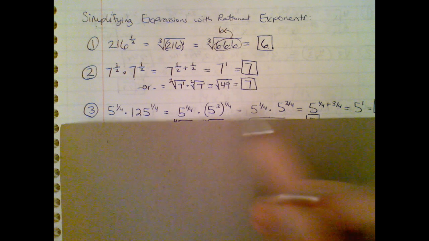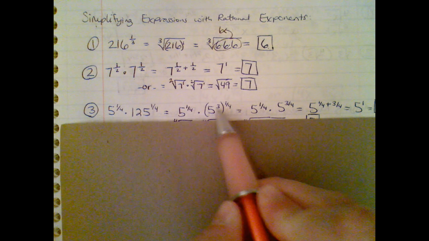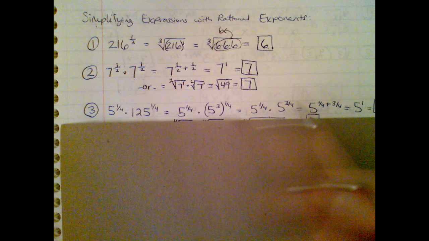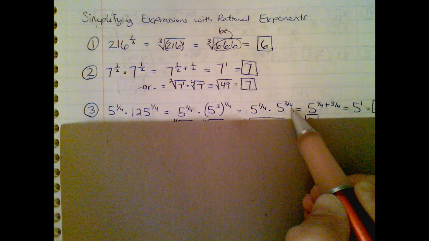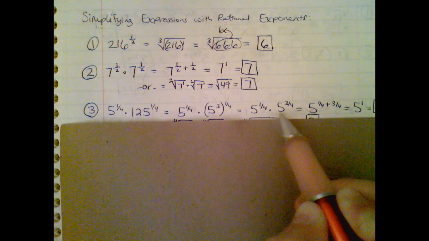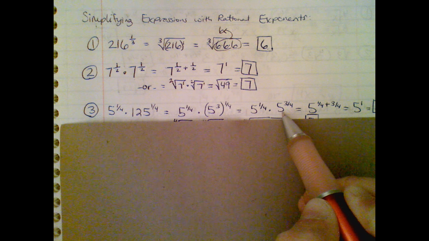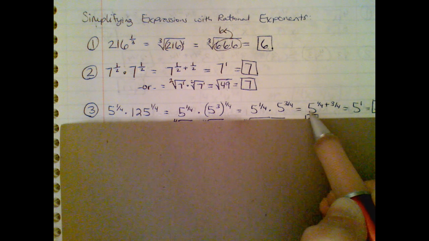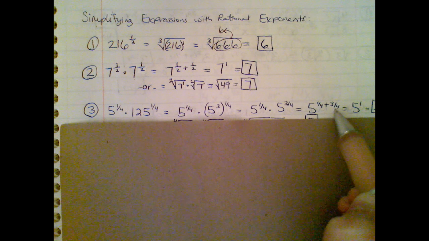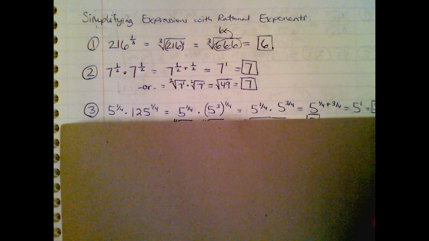Well, now, when we have a power to a power, the rule is to multiply those. So 3 times a 4th, we get 3/4. So we have 5 to the 1/4 power times 5 to the 3/4 power. Our bases are now the same. So now we could go ahead and leave the base alone, and then we would add our exponents. So 1/4 plus 3/4, we'd get 5 to the 1st power, which is 5.